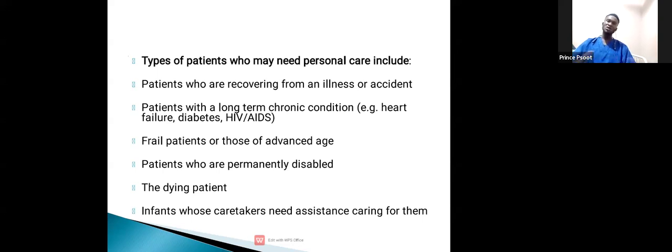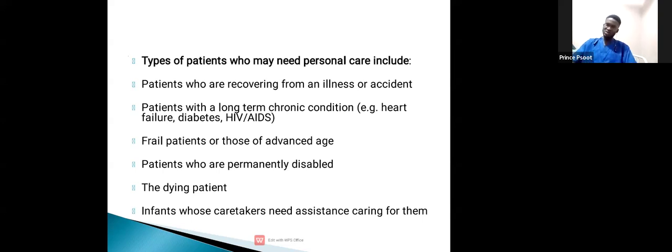Then patients with a long-term chronic condition like cardiovascular failure, that's heart failure, or diabetes, or HIV and AIDS, are also categorized under those who need personal care. Then frail patients or those advanced in age, elderly adults.